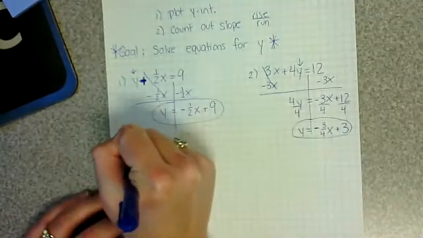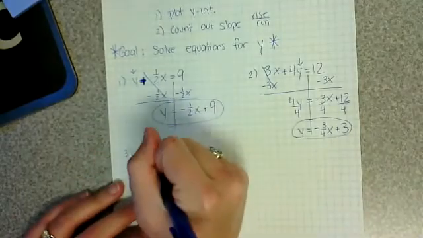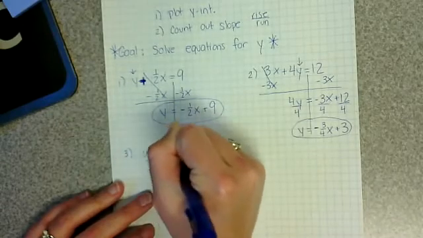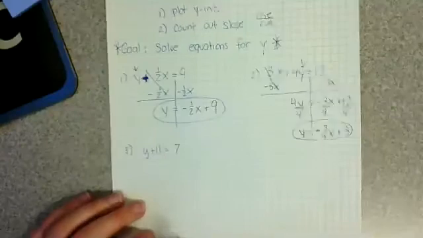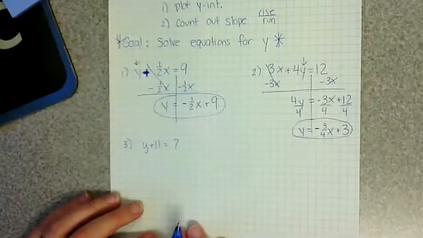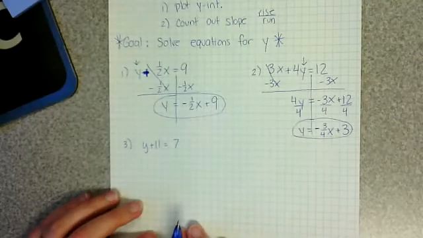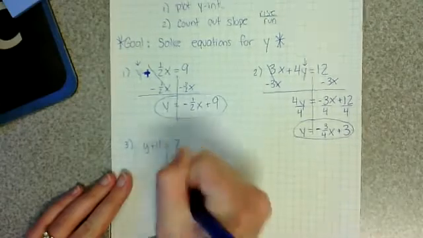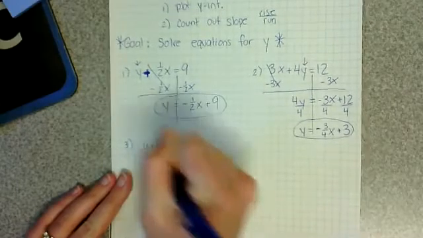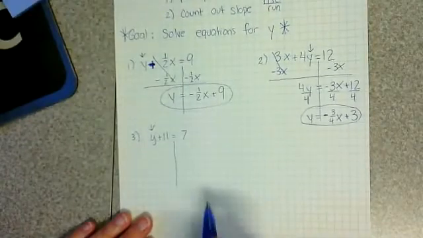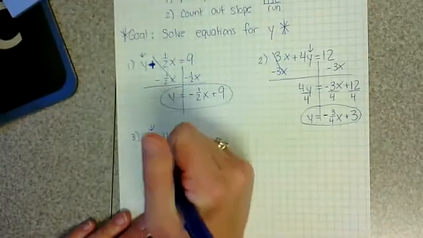Example 3. y plus 11 is equal to 7. Our goal is still to get y by itself. So in order to get y by itself, I need to move this positive 11.